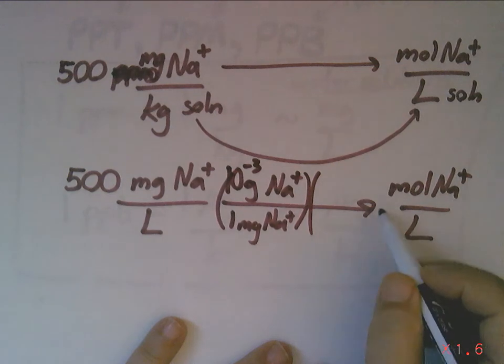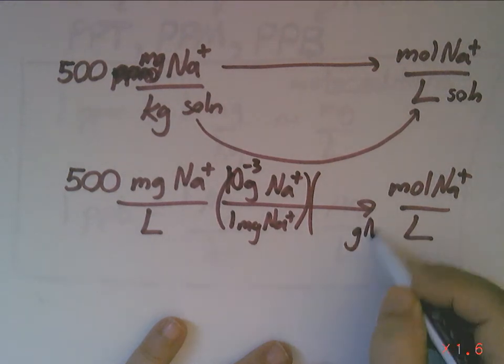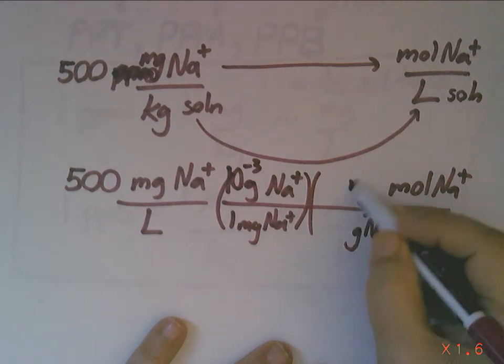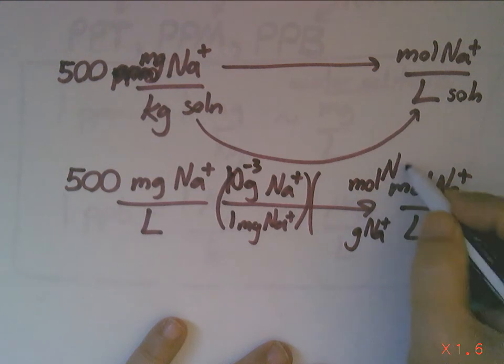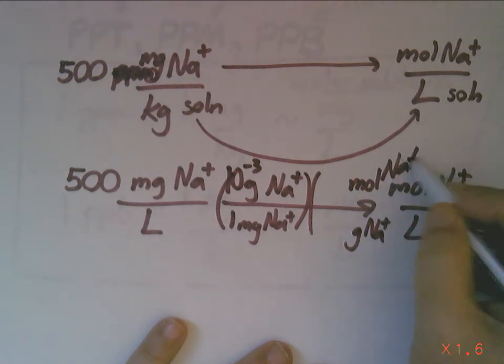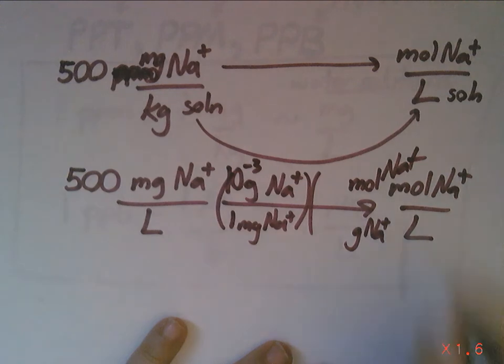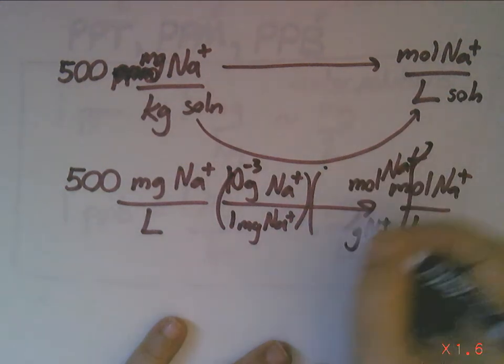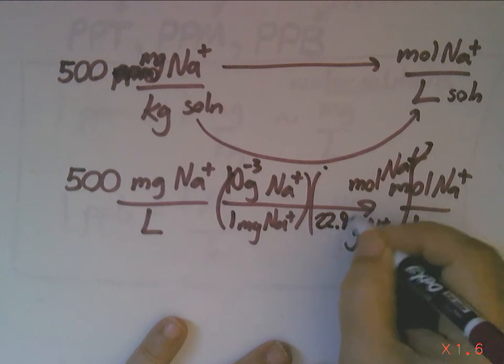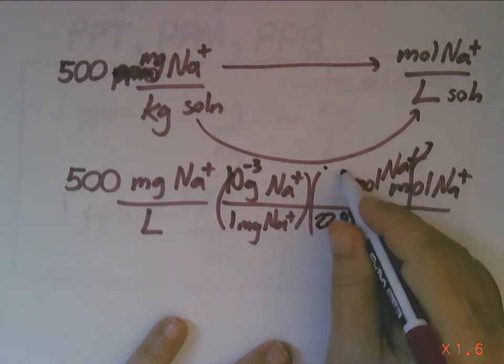And then I can turn grams of sodium into moles of sodium, and I'll have it done. So I need the molar mass of sodium. If I look at the periodic table, it's something like 22.99 grams of sodium for 1 mole.